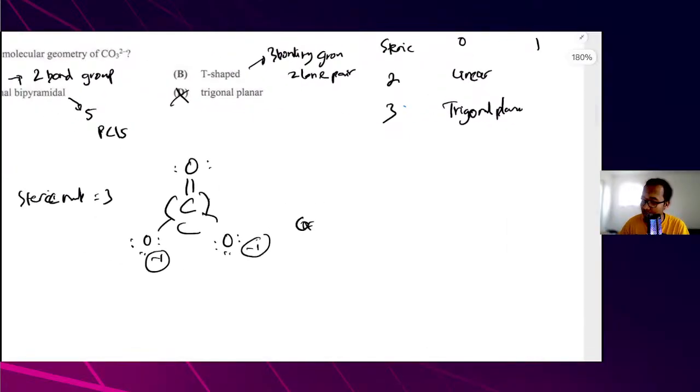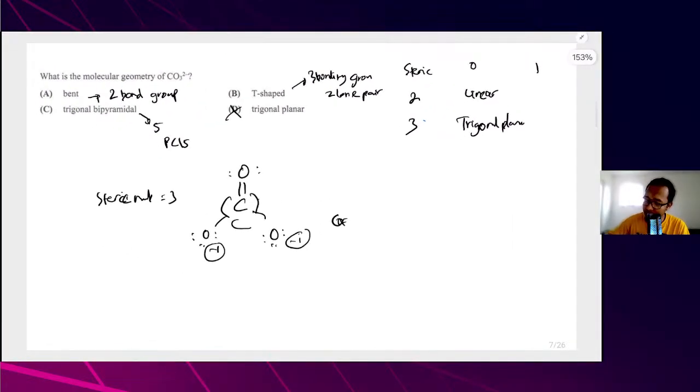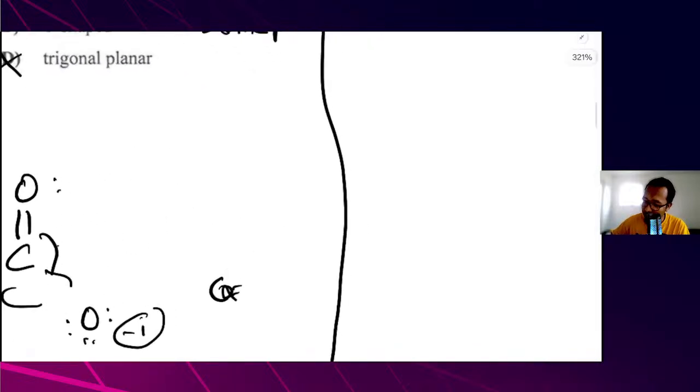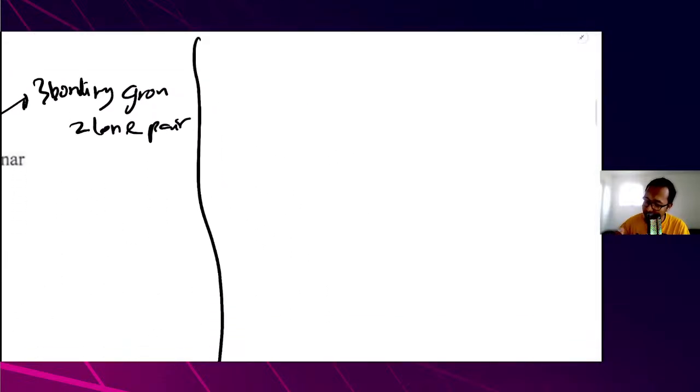I think I need to make it smaller. Okay, I make it smaller. Let's do it over here. So steric number: if 2, it will be linear, and the lone pair is 0.